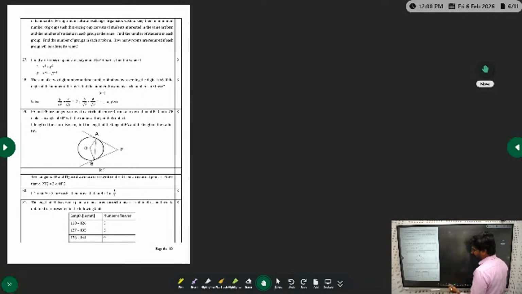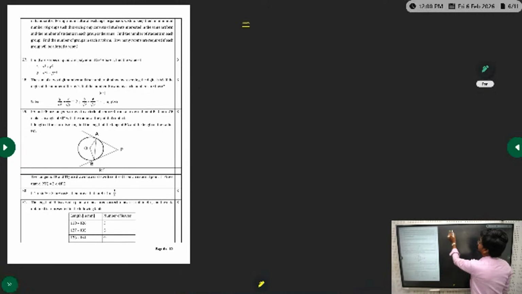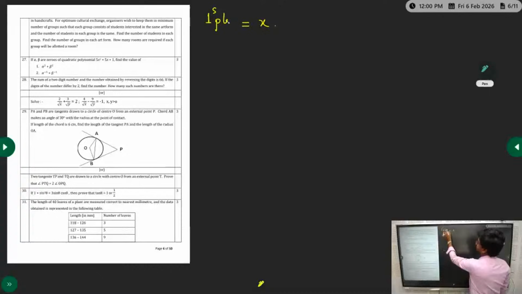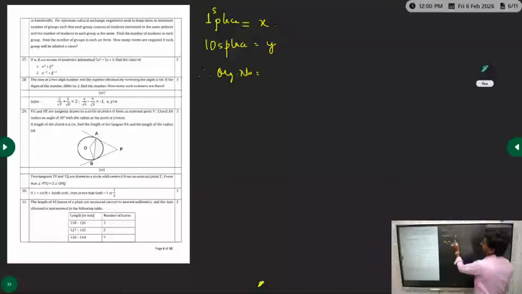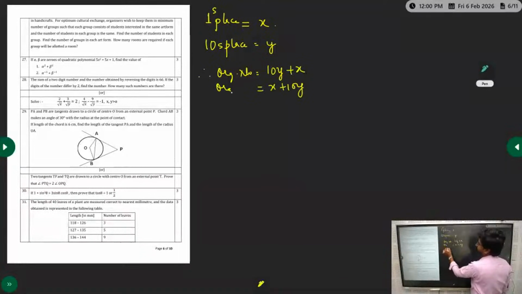Note down first. Let the digit in ones place be x, and the digit in tens place be y. Therefore, the original number is 10y plus x, which is nothing but x plus 10y. Equation 1.